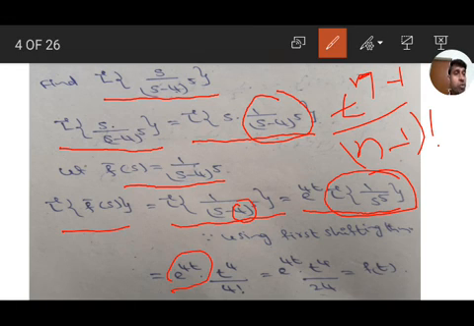Here n equals 5. Therefore t to the power of 4 by 4 factorial. 4 factorial means 4 into 3 into 2 into 1. 4 into 3 is 12, 12 into 2 is 24. Therefore e to the power of 4t into t to the power of 4 by 24.